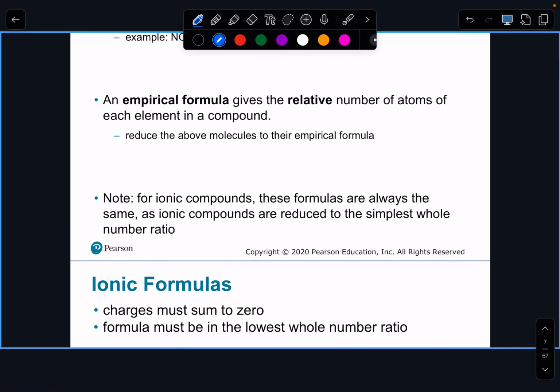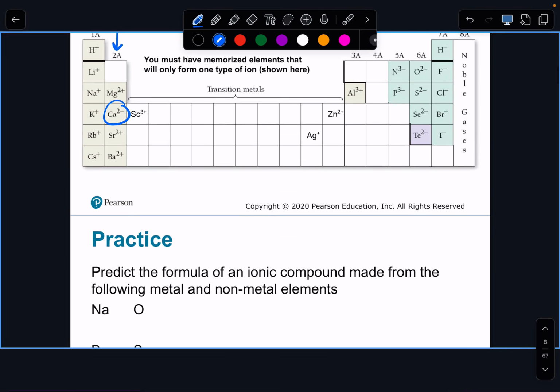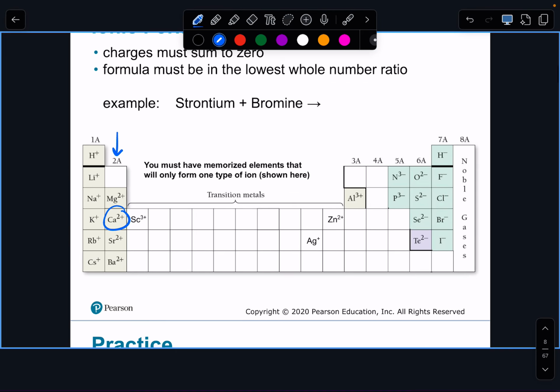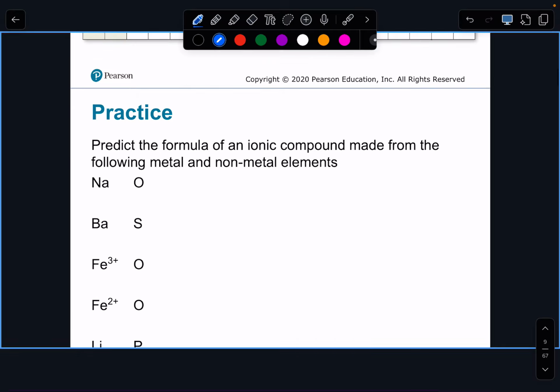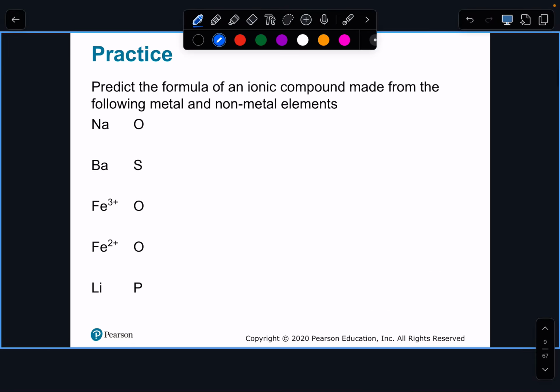Okay, so to practice, this is probably going to be our last thing. You can refer back to this table if you need to, but I want you guys to practice predicting the formulas of these compounds. These ones, you will know the charge based on where it's at in the periodic table, and these ones I'm giving it to you because iron's one of those that can change.